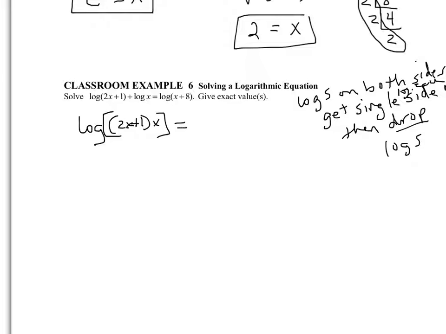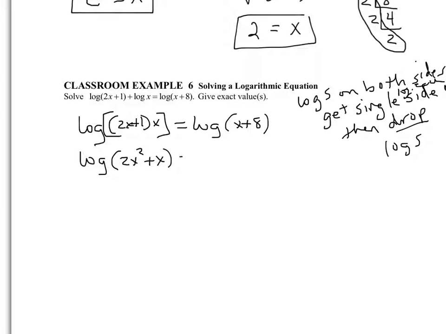And that would equal, it's still just the log of the expression x plus 8 on the right side. Now I can do a little cleanup on the left because I can distribute the x times 2x plus 1. That would give me 2x squared plus x.